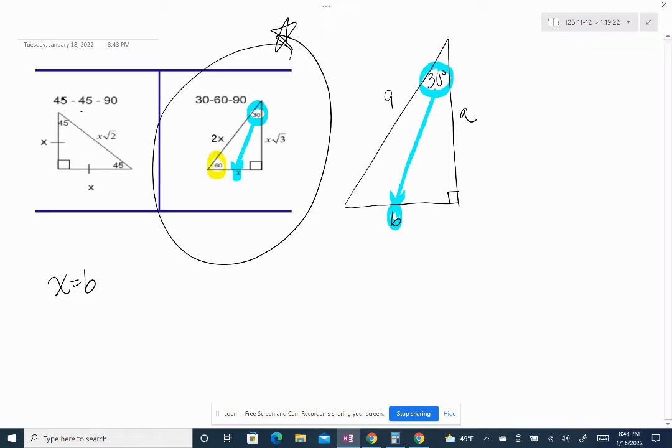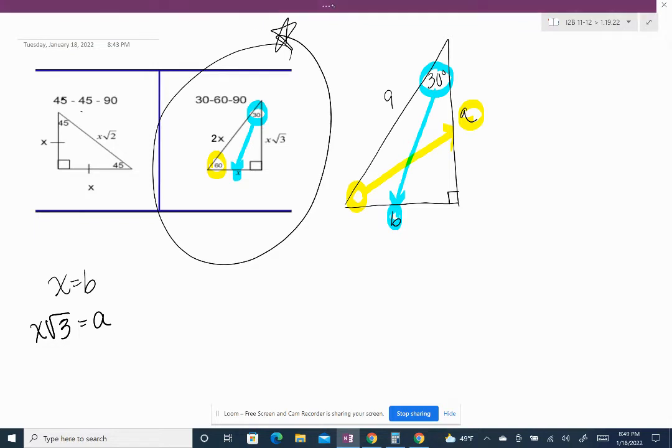We already know this is a 30-degree angle, this is 90. By the triangle angle sum theorem, this one has to be 60. So without doing anything else, I already know that one's 60. Draw a straight line out, we get A. X times square root of 3 equals A.